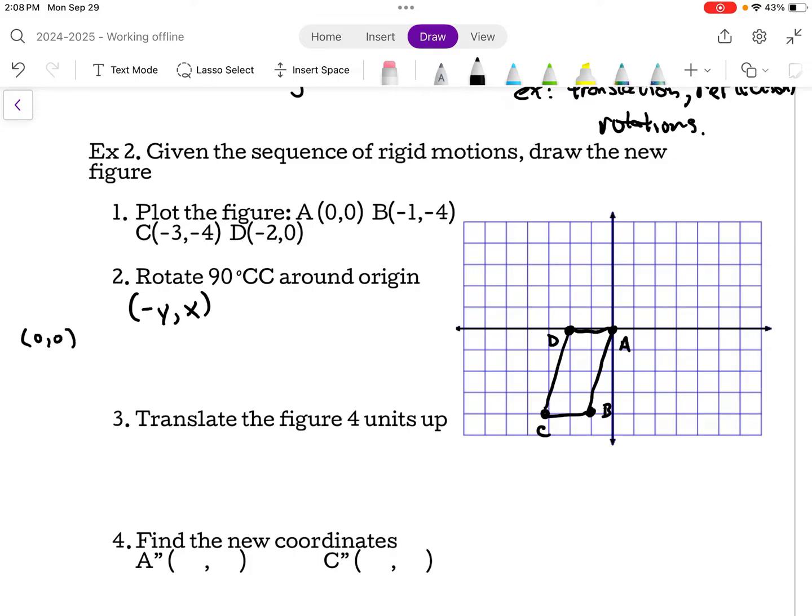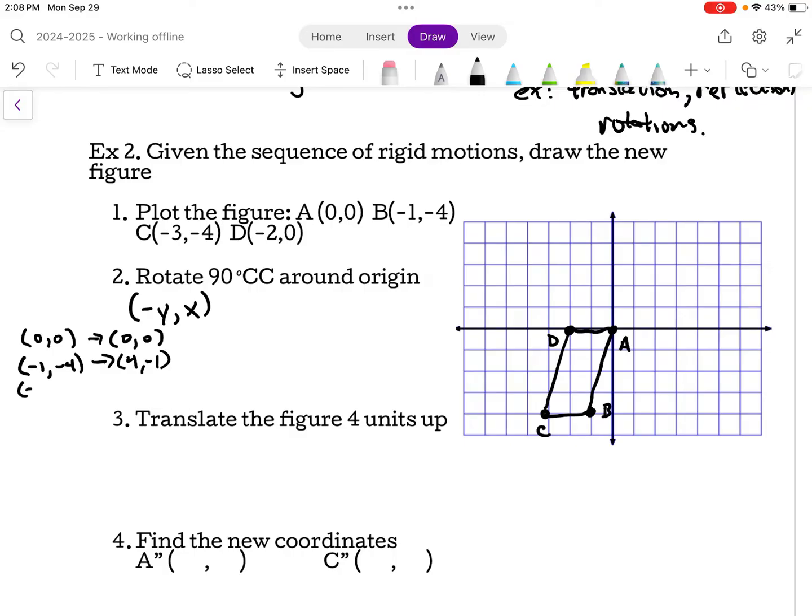So I'll take this first point, and this takes a little bit of time. But 0, 0, if I apply the rule, actually still becomes 0, 0. B, negative 1, negative 4 will become, it's negative y, x, so I'm going to put the y first, and that becomes positive 4, and then the x second, which stays the same.